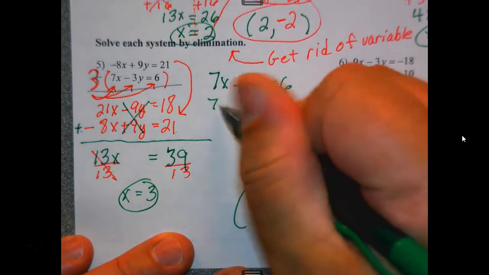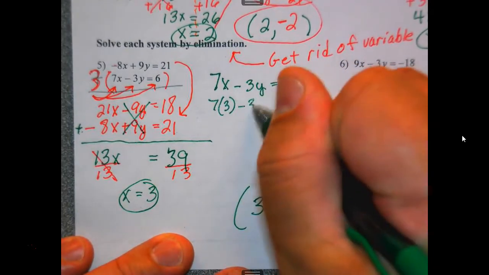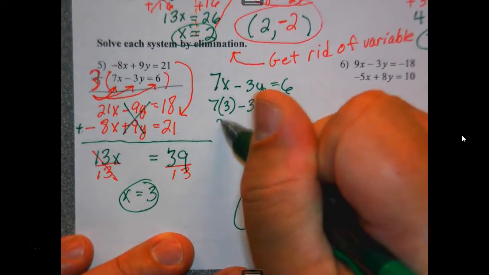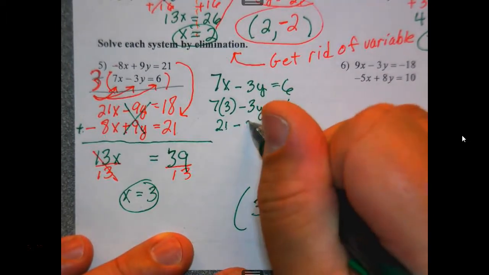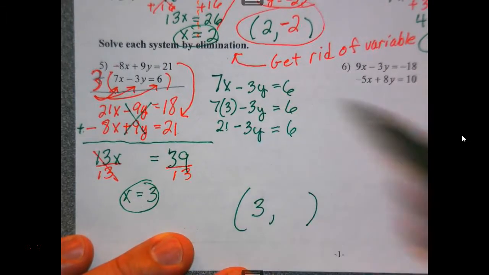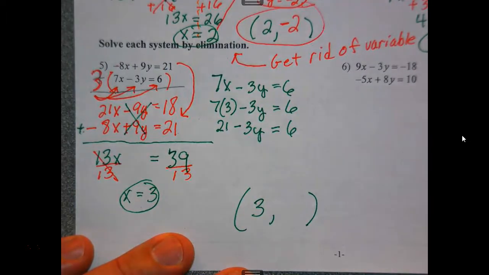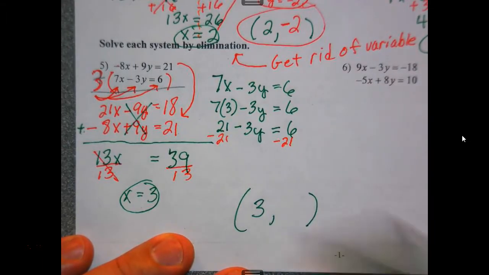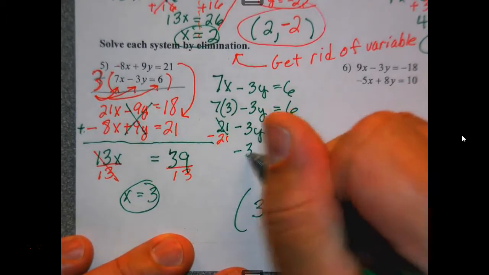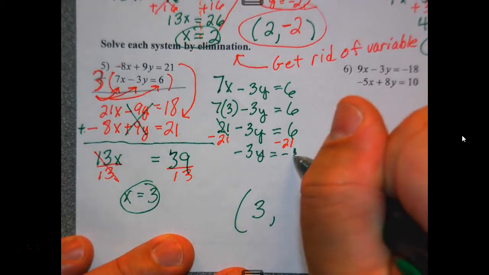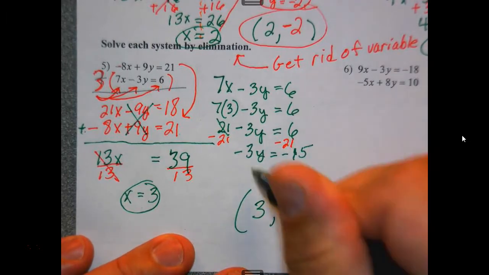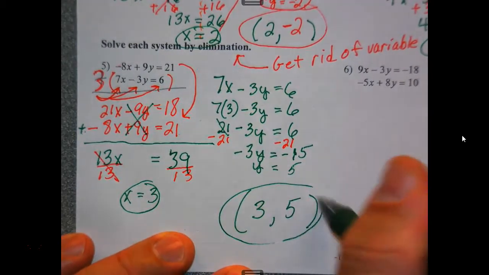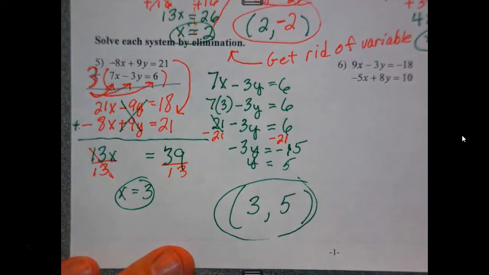My x is 3. 7 times 3, 21, minus 3y equals 6. Subtract 21 from both sides. You guys are experts at this by now, right? So what's y? So these lines intersect at the point (3, 5).